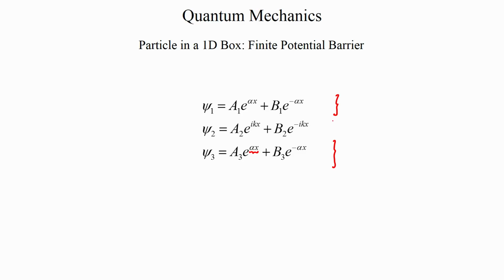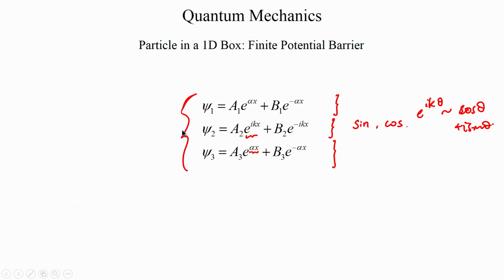But in region 2 we already saw that you could describe things as sines and cosines. When we solved Schrodinger's equation for the equivalent of region 2 in the infinite potential well case, we saw sines and cosines appearing in the equation. And equivalently, if you write it in terms of exponents, you are going to have exponents of complex quantities appearing in region 2.